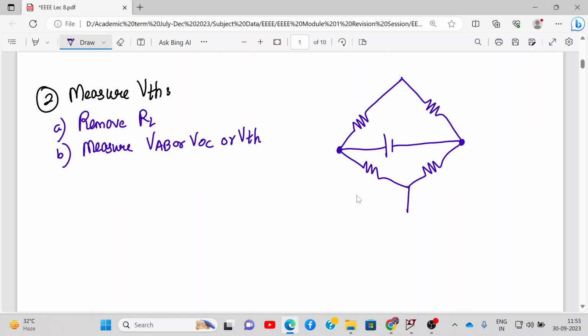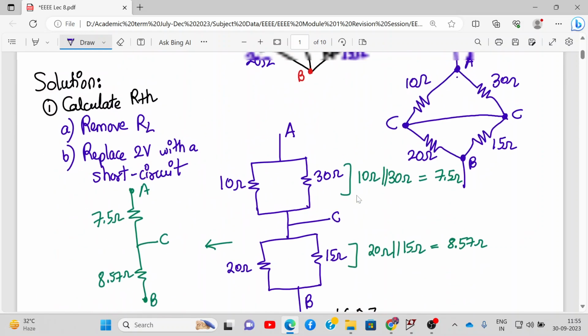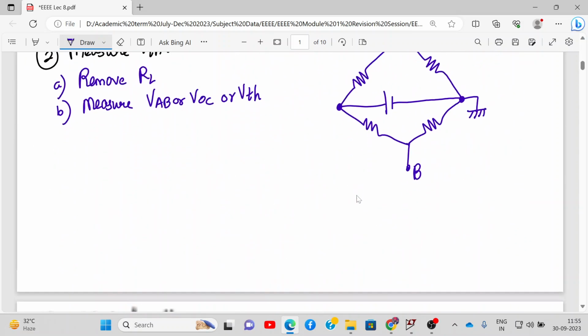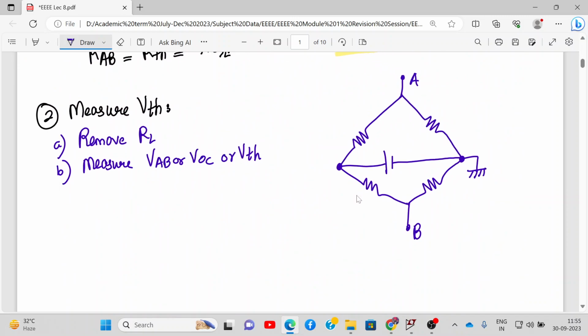And these are my points A and B, and this is connected to the ground. Now this will be 10 ohm, this will be 30 ohm, this will be 20 ohm, and this will be 15 ohms resistance.